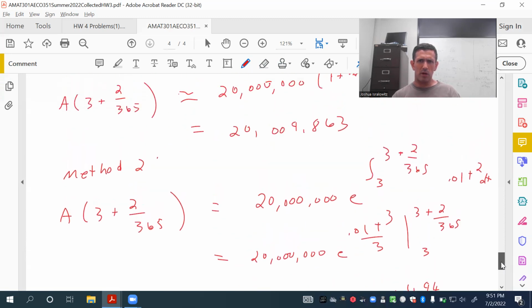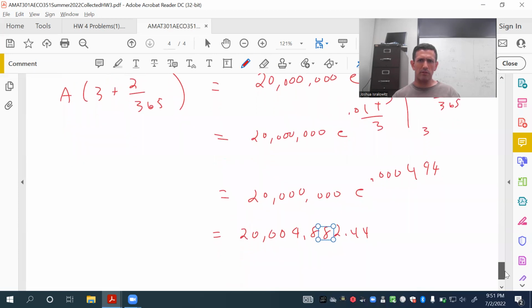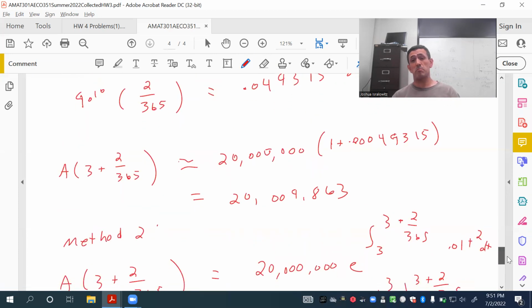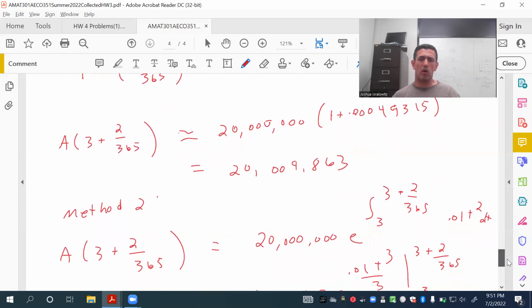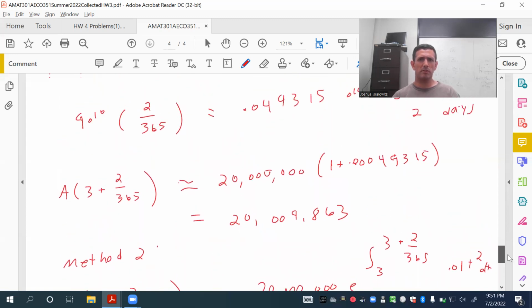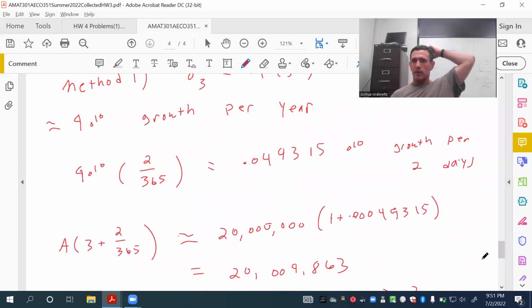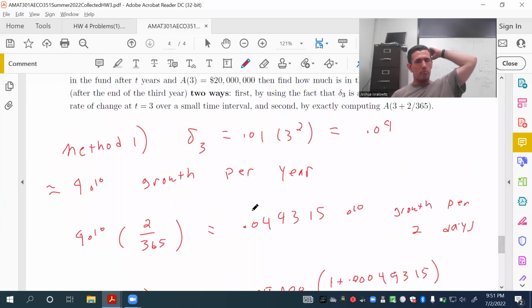Okay, so we're off by about $20. Relative to $20 million, being off by $20 is a pretty damn good approximation. This is what we mean by percentage growth when we're dealing with relative rates of change. That's just the way relative rates of change work.